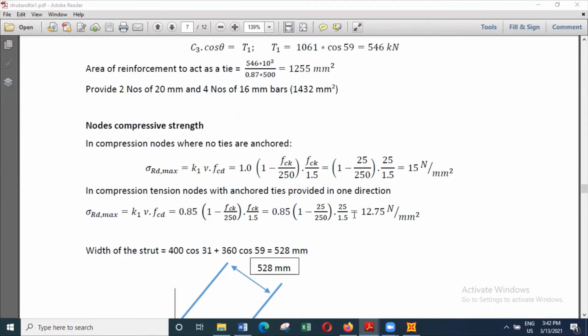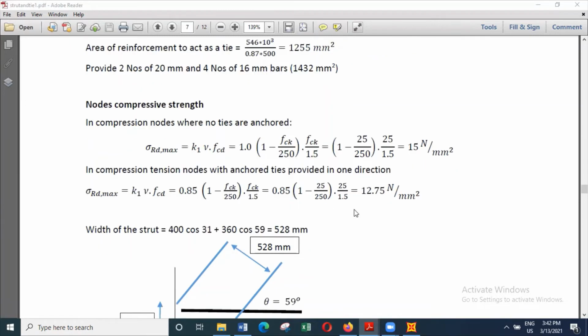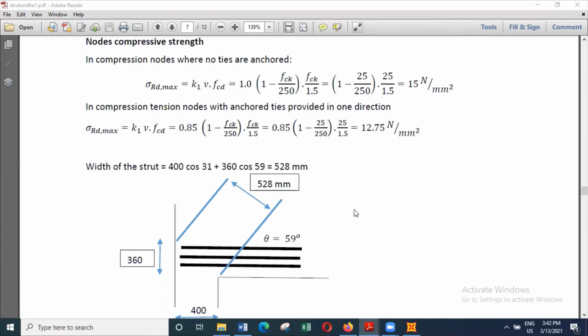So we know the strength. Now we have to find the stress. And how we find the stress is by looking at the width of the strut. We know this wall is 250 millimeters of thickness. So we know the width, the breadth of the strut. Now here we want to find the width of the strut.